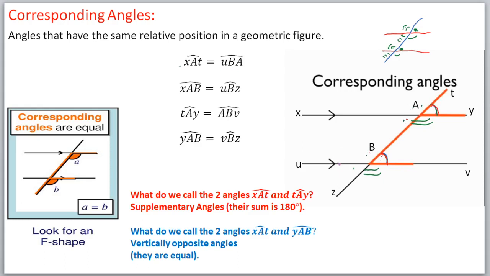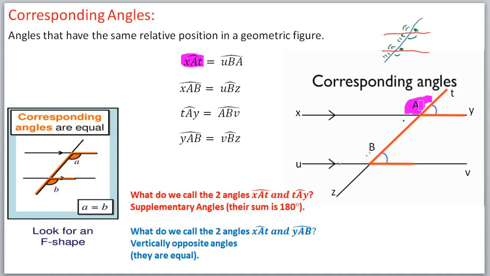Anyway, they are named here like XAT. What is XAT? Let's also remember, by the way, how to name an angle. Where is angle XAT? Angle XAT, X-A-T. This one. Let me color it like this.